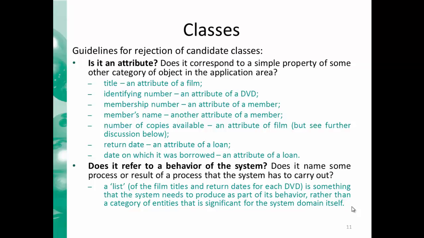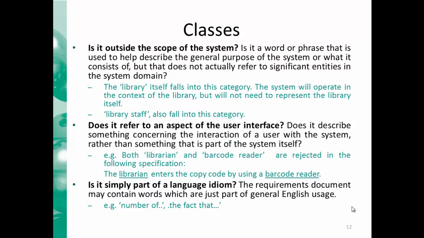So this list is not significant for the system domain itself. It's just something that the system needs to produce as part of its behavior. So if it's an attribute, then I reject it. If it refers to a behavior of the system, then I reject it.